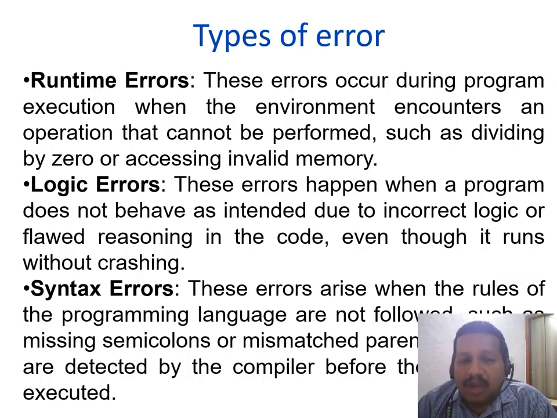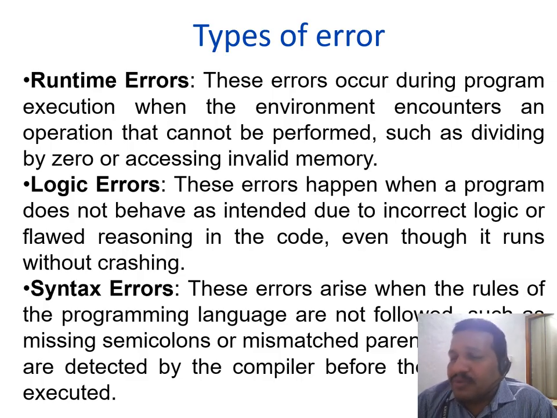Second thing is logic errors. This error happens when a program does not behave as intended. For example, we may use a relational operator, like a greater than b. We use a symbol between two variables, and that symbol is called a relational operator.